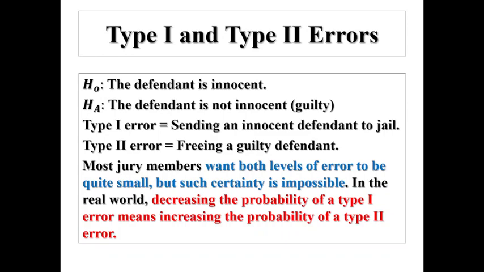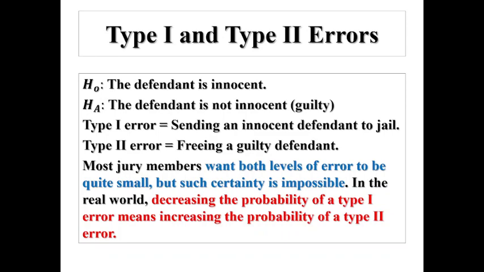And I wanted to say that in this example, how do you show that a decrease in the probability of type 1 error will increase the probability of type 2 error? What do we mean by a decrease in the probability of type 1 error? Type 1 error means A fails, actually A passes.